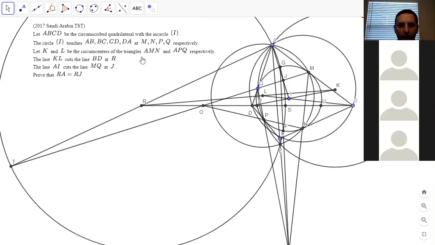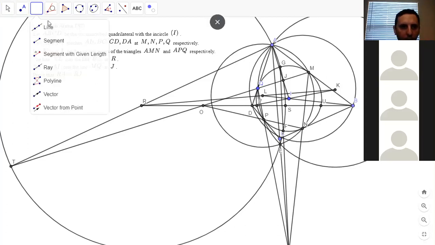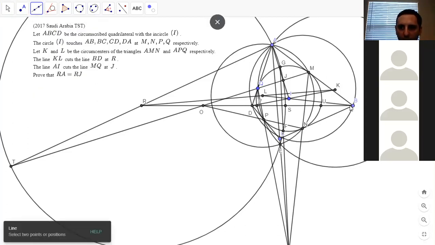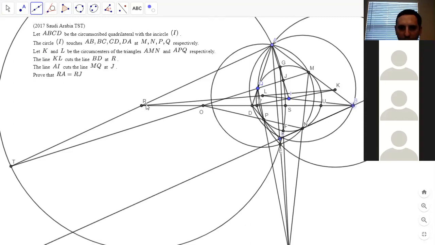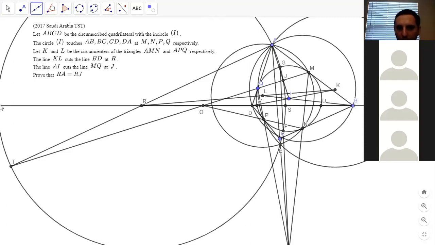I think it's the same as saying that S, U, V, and this point over here are in harmonic conjugation. That doesn't even look true. Actually, maybe it is true.